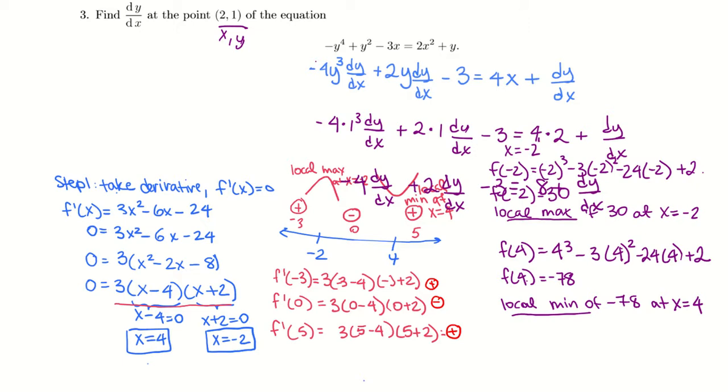Okay, now I'm going to move all of the dy dx's, I'll write this as 1 dy dx, over to the left and all of the numbers over to the right. So I'm going to add 3 to this side, subtract 1 dy dx from this side.